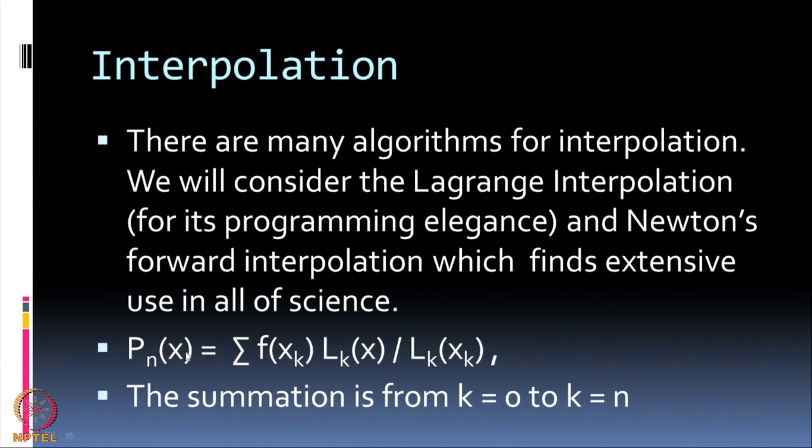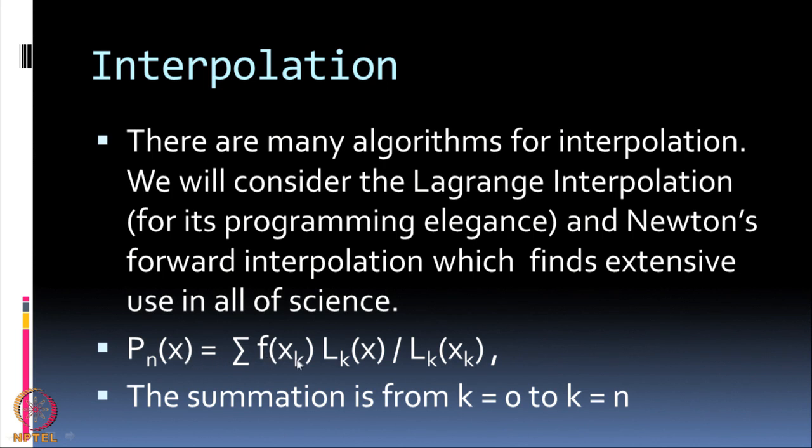The Lagrange interpolating polynomial determines your polynomial in terms of the values xk. What is my given set of data? xk and f(xk). So, n plus 1 values of xk are known and n plus 1 values of f(xk) are known.